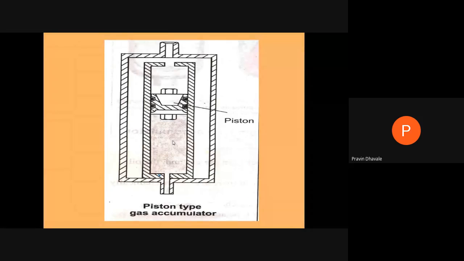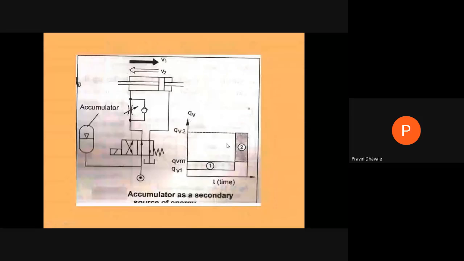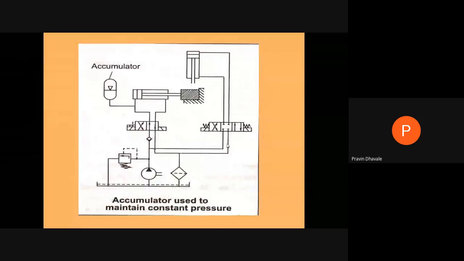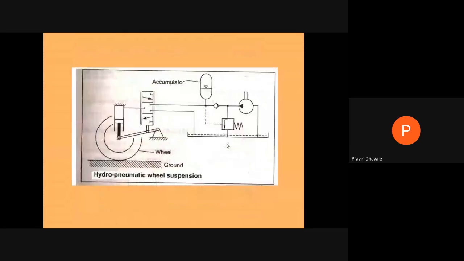One another type is the diaphragm. Diaphragm is like a bladder type, only one membrane is there. It will separate the gas and fluid. Then we saw different applications where we use the accumulator as a secondary source of energy to maintain constant pressure, as a makeup device, as a suspension system.